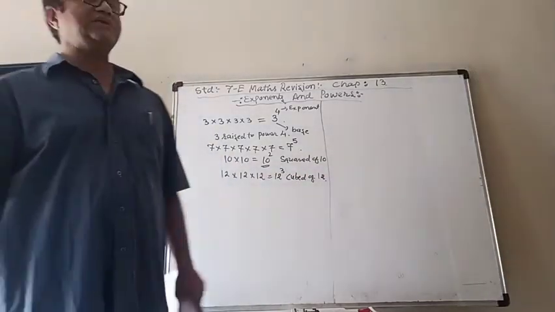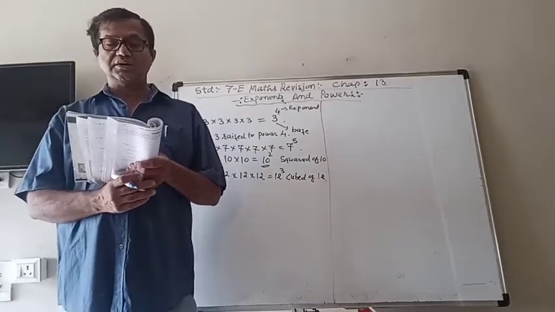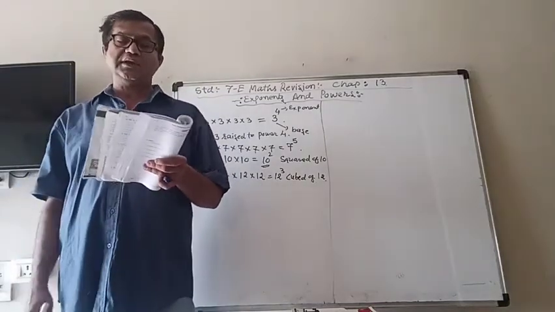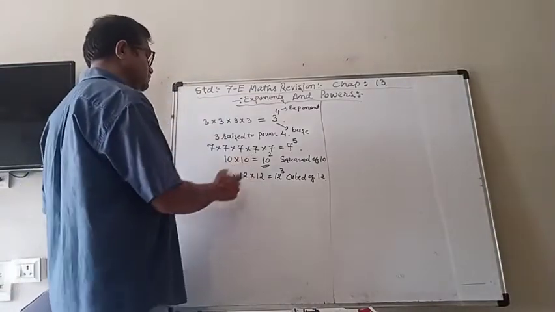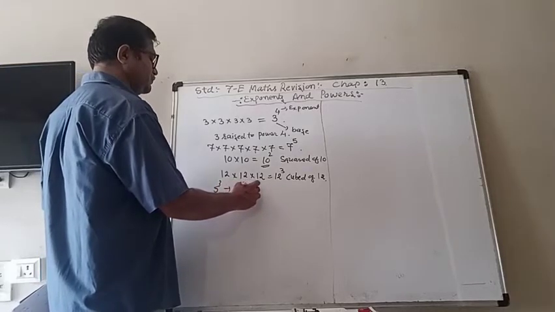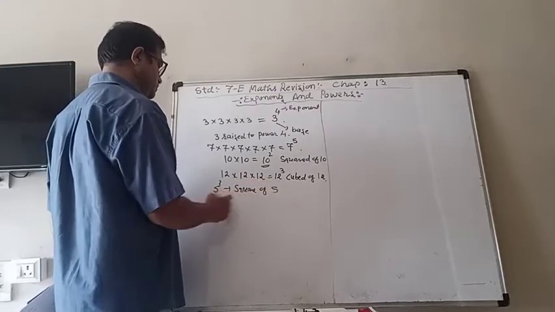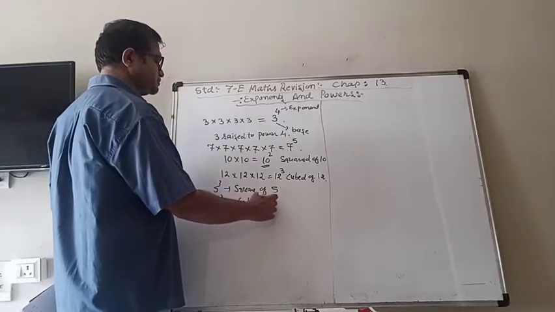So power 2 and power 3 have special names, that is the square and the cube. So 5 square means square of 5. 8 cube means cube of 8.